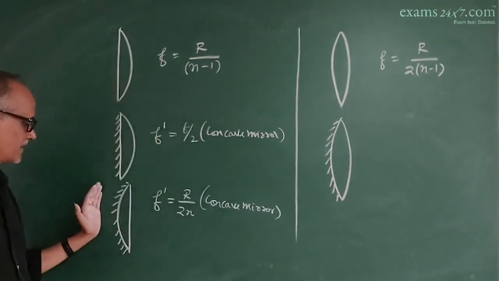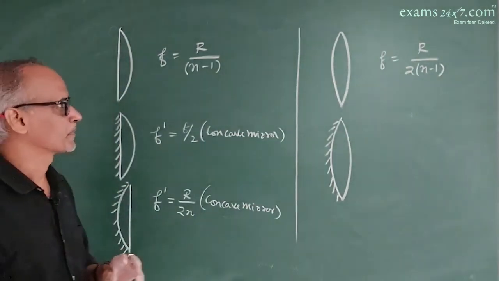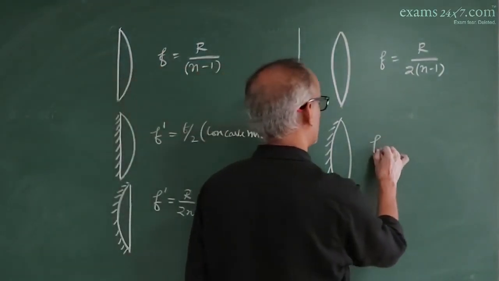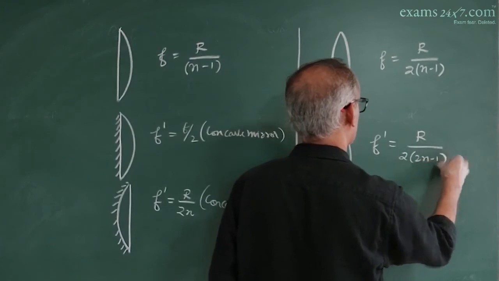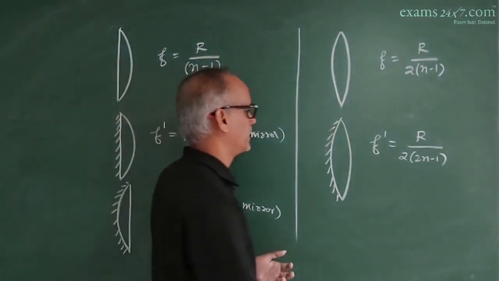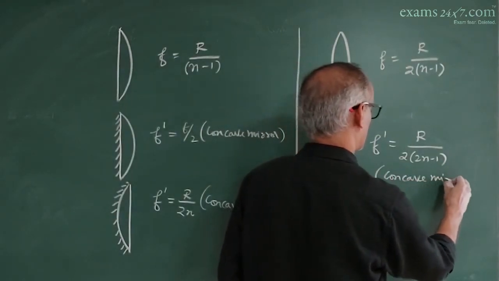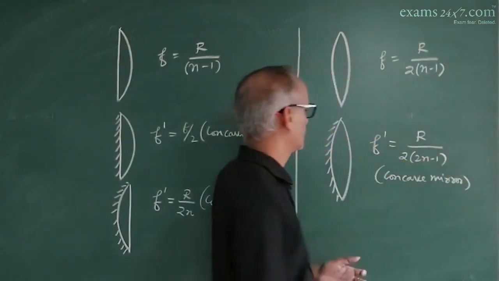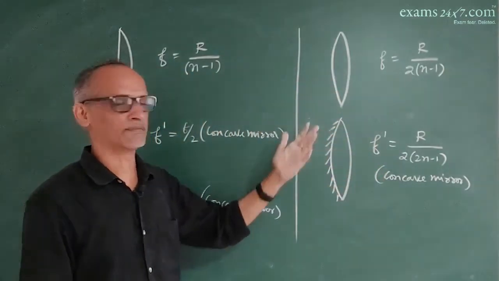Here also it acts like a combination of a concave mirror and plano-convex lens. So in this case, the new focal length is f dash is equal to r by 2 into 2n minus 1. And this new focal length behaves like a concave mirror. So again, the same equations are valid even for a concave lens.